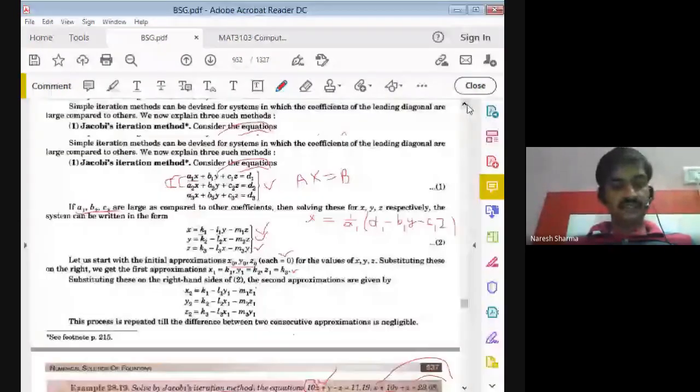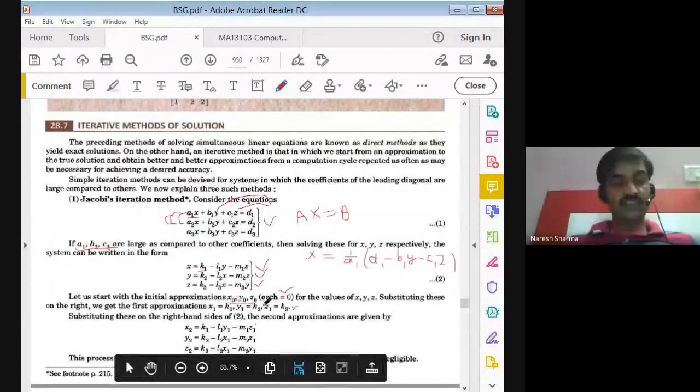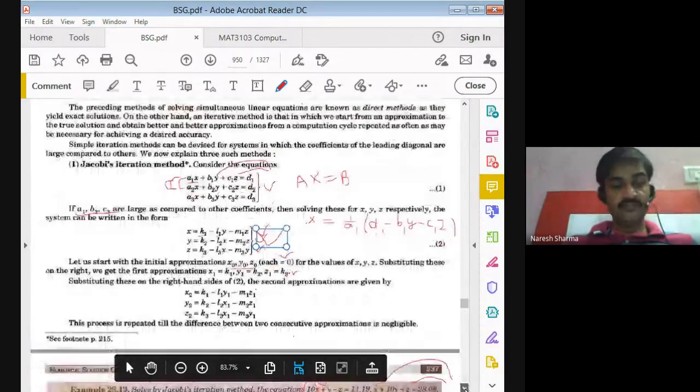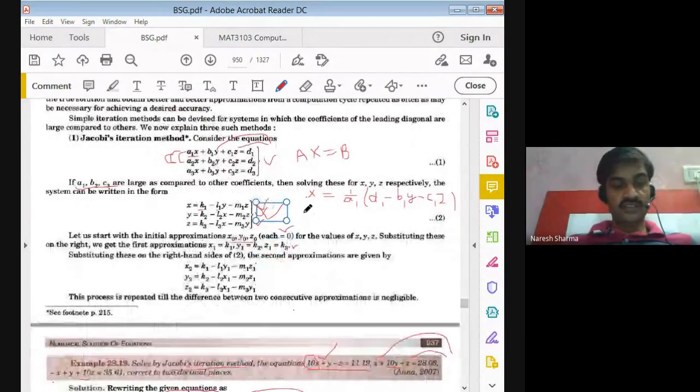in the first iteration of your Jacobi method, we put the initial values, that is x naught, y naught, z naught equal to 0, in the right hand side of this equation, and we get your first approximation as x1, y1 and z1, right? But what is the difference in the Seidel method? With the Seidel method, we put here in the first equation y as your y naught, z as your z naught.